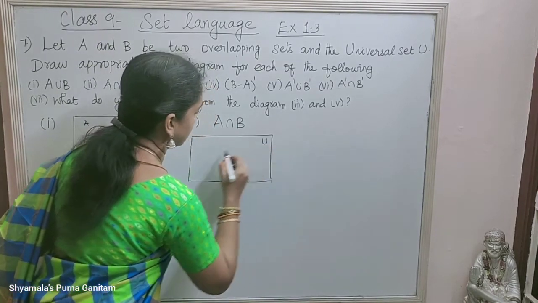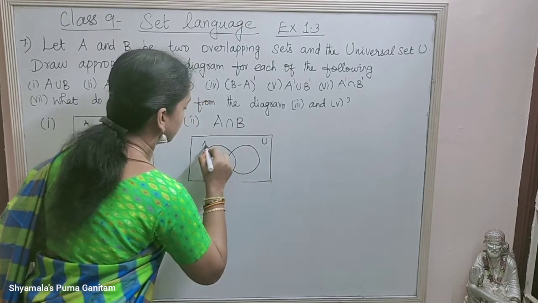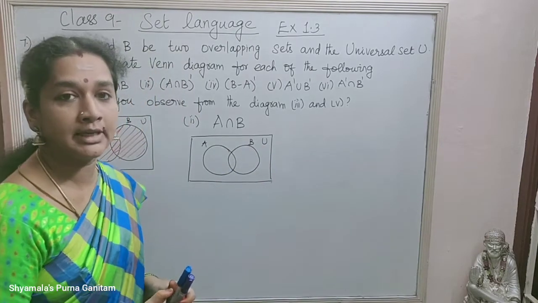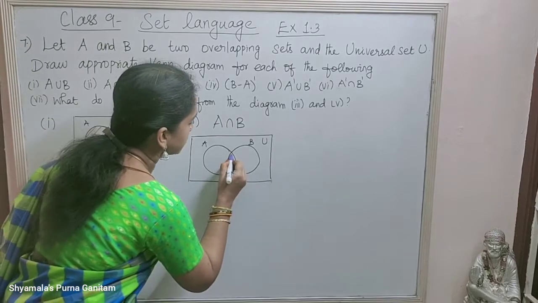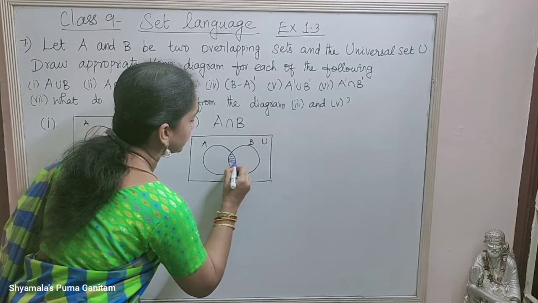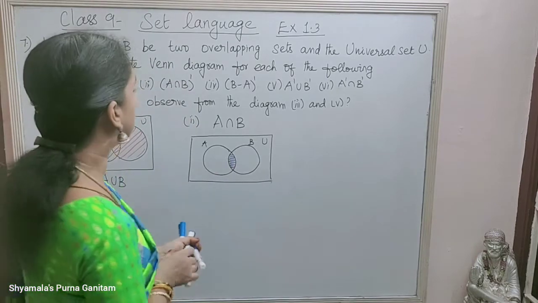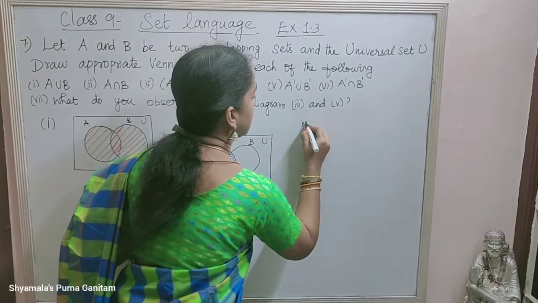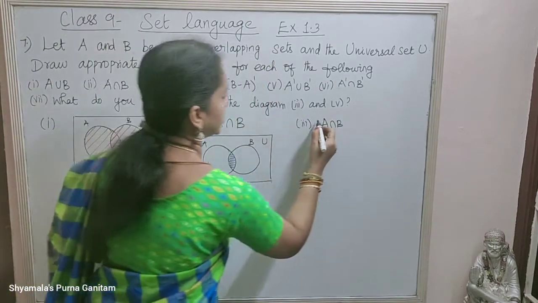Universal set, set A and set B. So this is the common elements between both the sets. This is the intersection part. So this is A intersection B. Then the third one is A intersection B the whole dash.